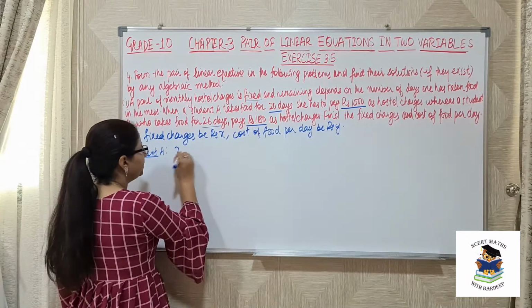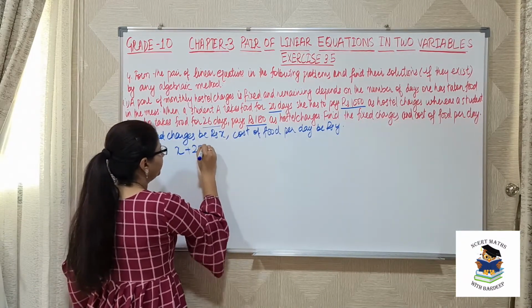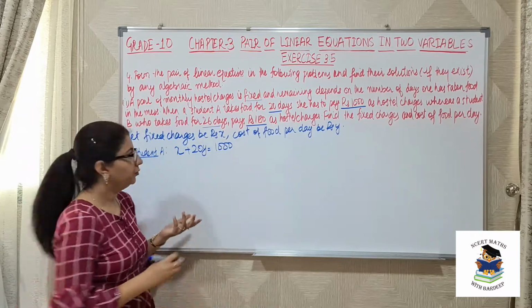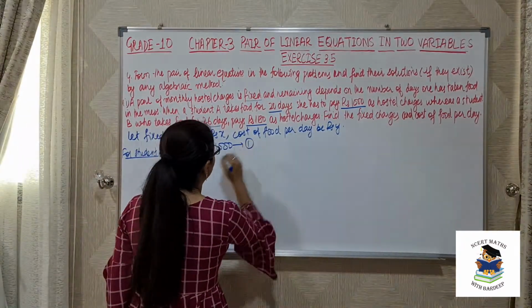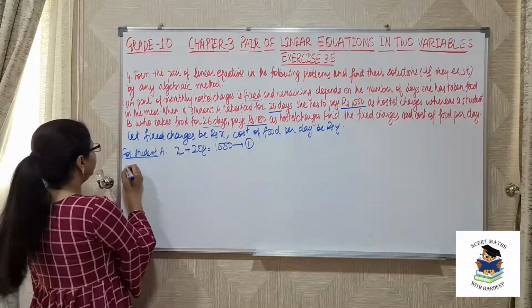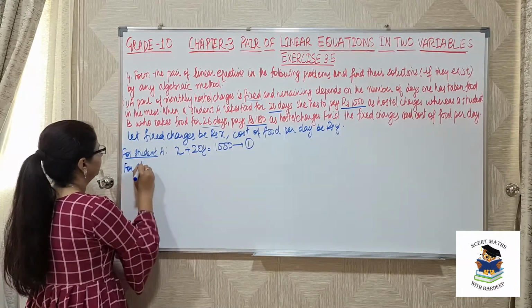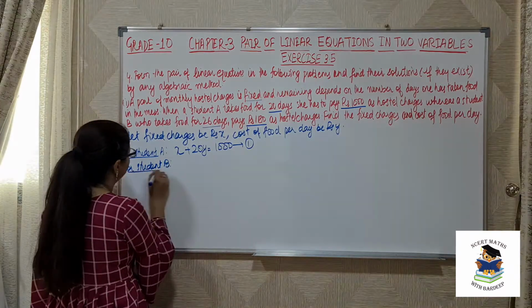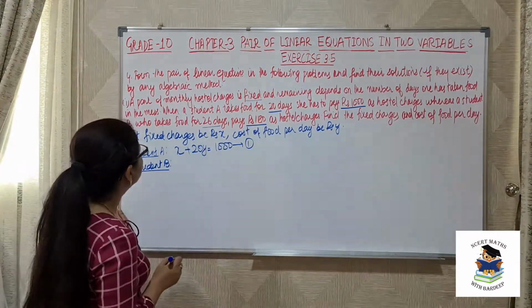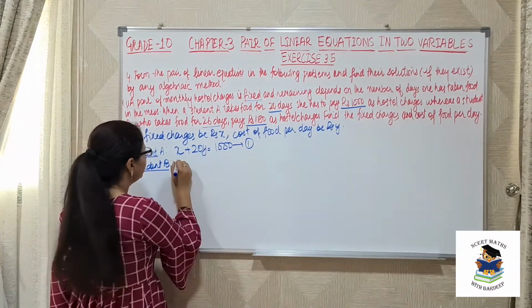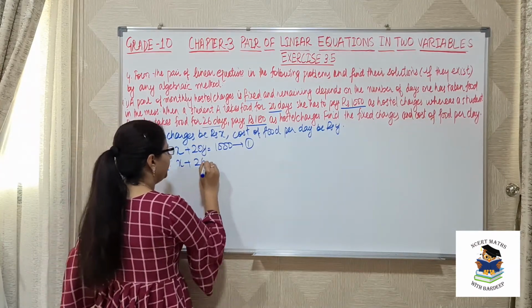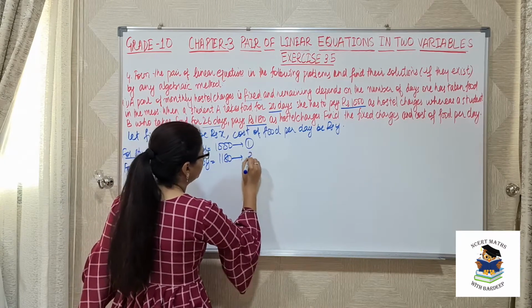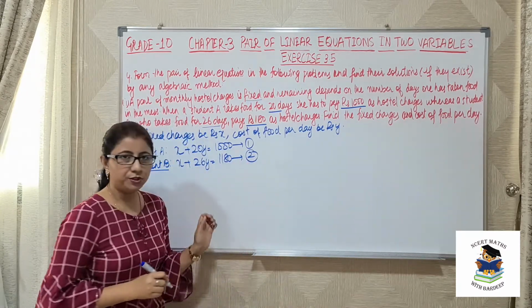So fixed charges are there plus 20 times Y and together she has to pay 1000 rupees. So let this be my first equation. So for student B, she has taken food for 26 days. So X is fixed and this is 26Y. Then she has to pay 1180. So this is my second equation.